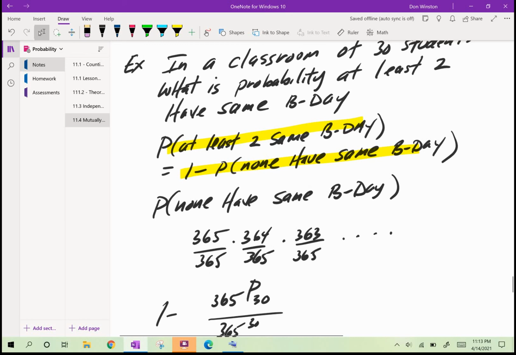Well, the probability that none have the same birthday: you have 365 days, so the first person can choose one of 365 days, but the next person to have a different birthday now has 364 possibilities out of 365, and then we just go on down the line.